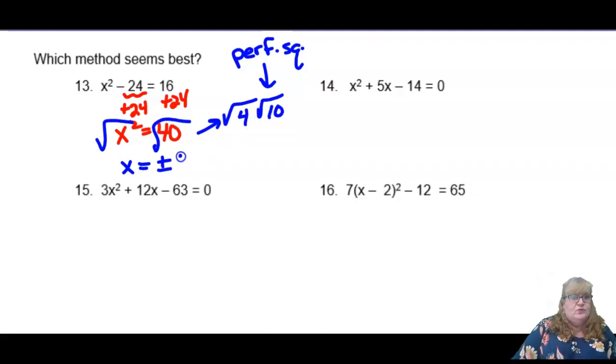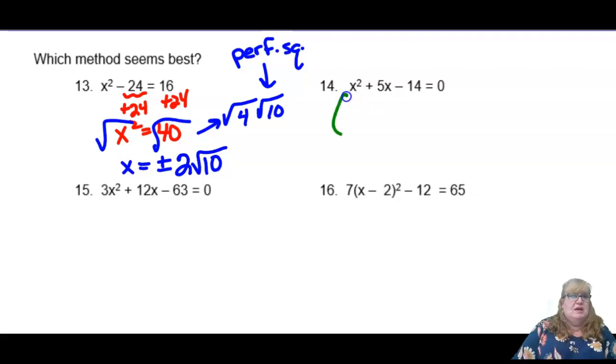So the square root of 4 is 2, and the square root of 10 has to stay in the little radical. Now, it is not 2 plus or minus the square root of 10. This time it is positive 2 times the square root of 10 and negative 2 times the square root of 10. So be real careful you don't do something weird with the algebra.